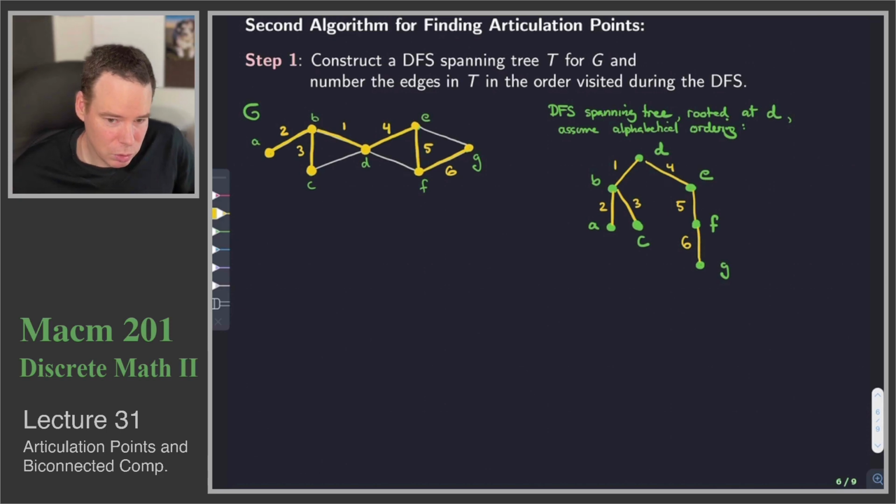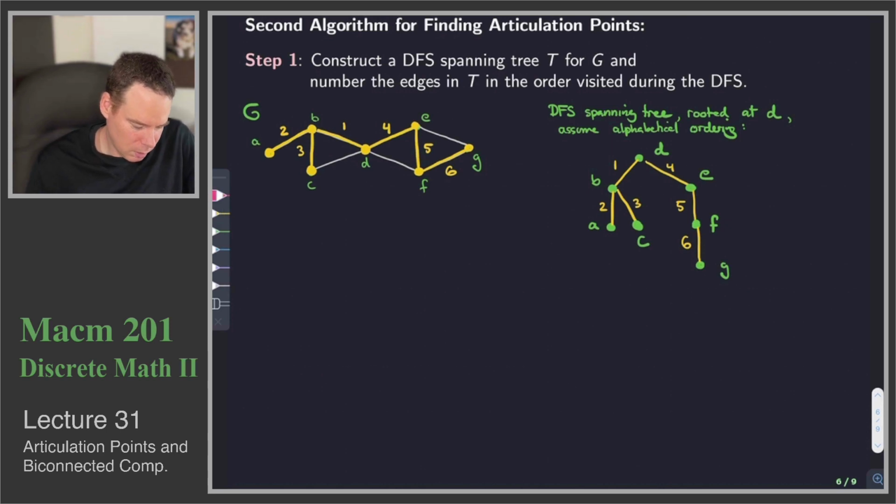Now before I get to step 2, I just want to do a bit of exploring. What benefit do I get by doing the DFS spanning tree? Well, the benefit is as follows. There are 3 edges that are in our original graph that aren't in our spanning tree. Let me just highlight them. These are these 3 red edges.